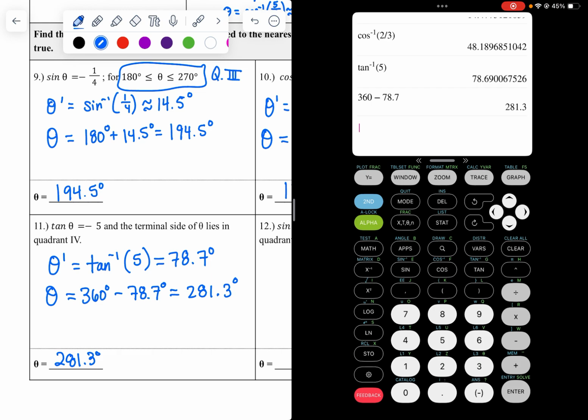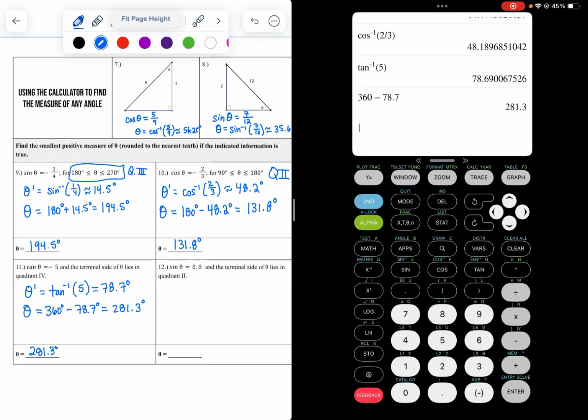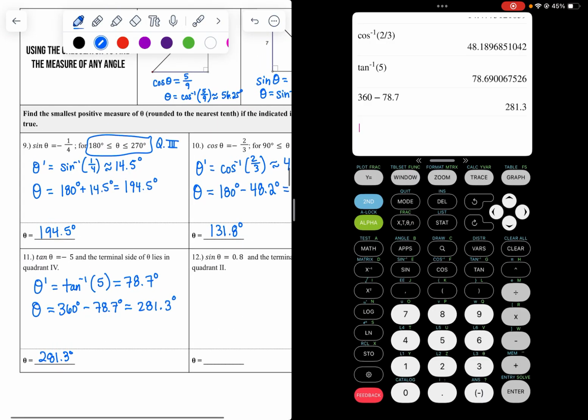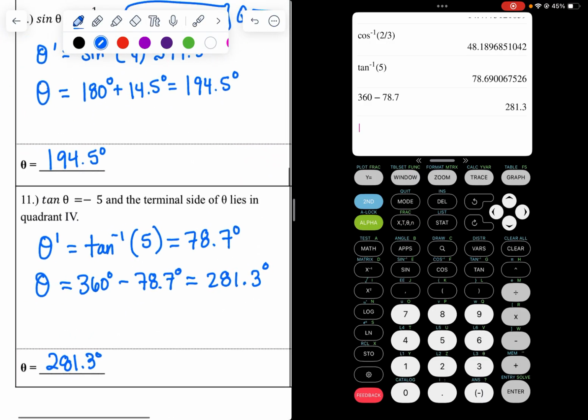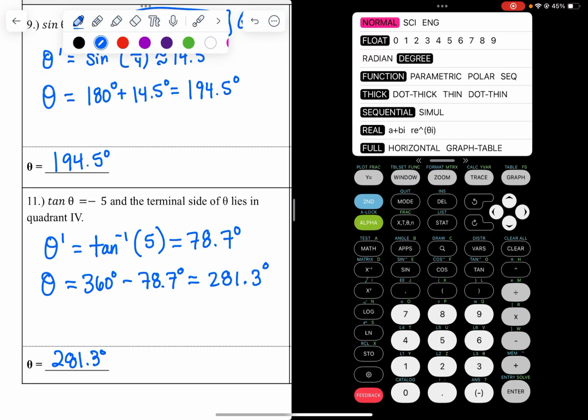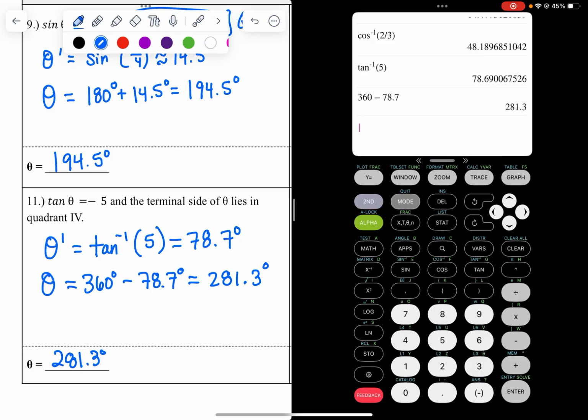Or if you would do this in radians, because they did not tell us. So in the first 2 problems, they specified in terms of degrees, but here they didn't tell us. So if we calculate that in radians, remember on your calculator you hit mode and go down, highlight radians, hit enter, and then second mode will quit you out, so that now you're in radian mode.